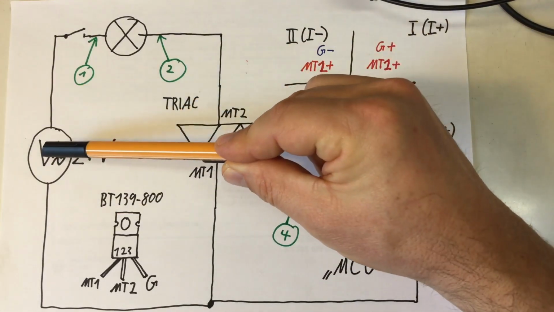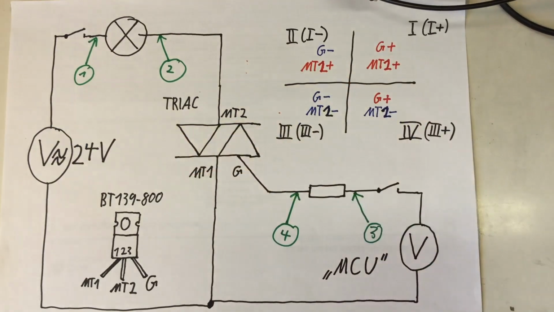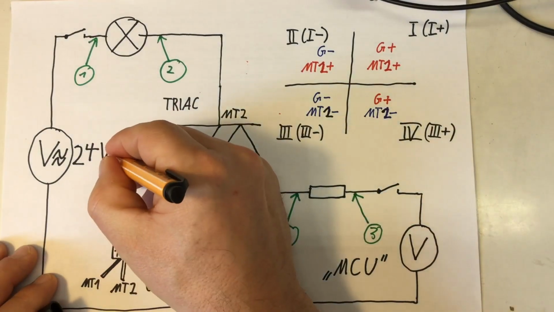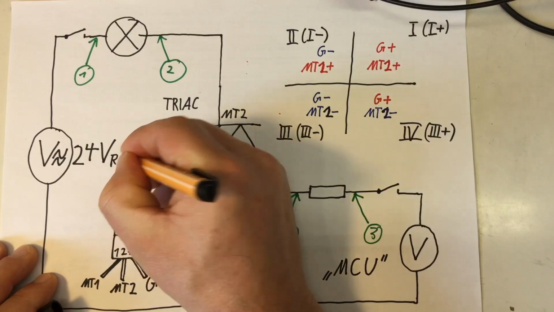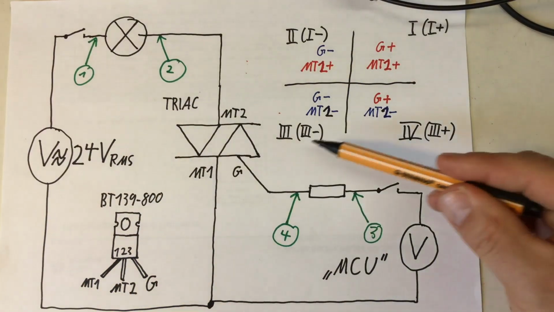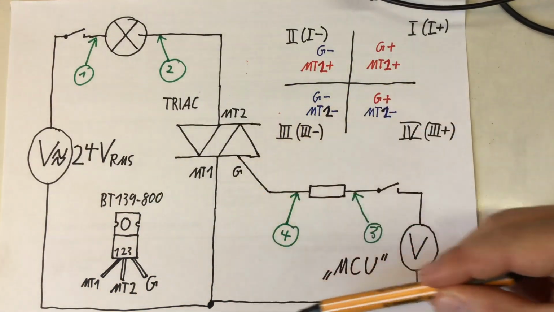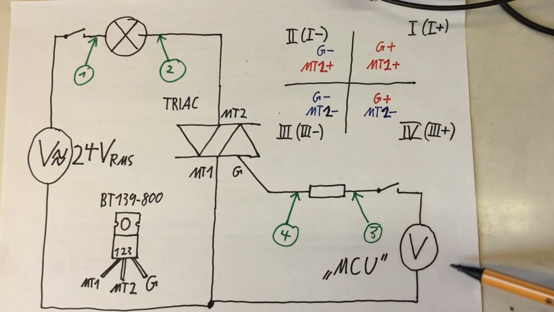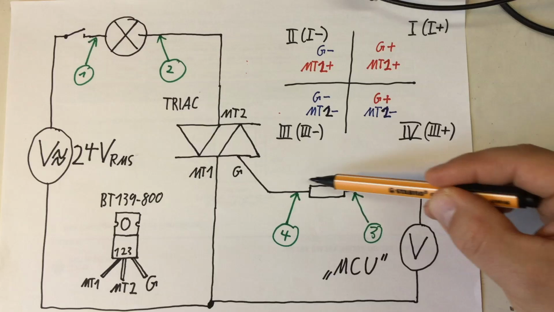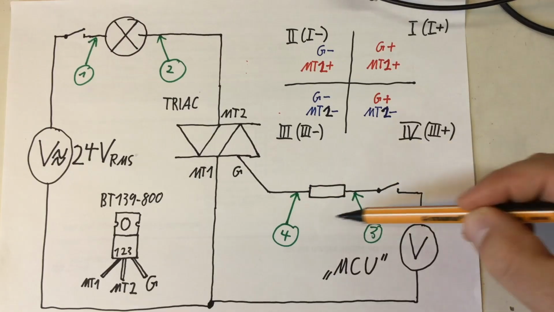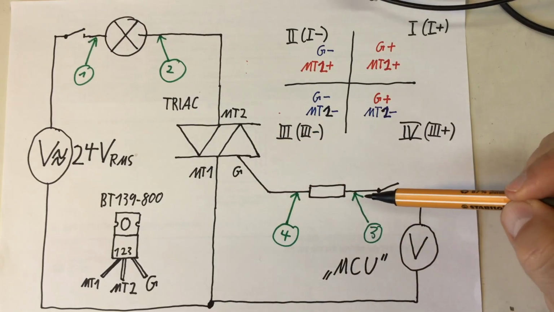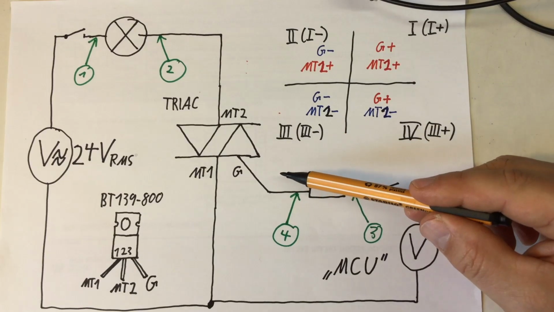It's an AC power supply, 24 volts RMS. And now my gate circuit is supplied by my DC power supply, and a little resistor for limiting the current through the gate. So why the flickering?